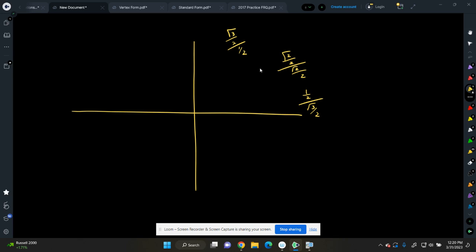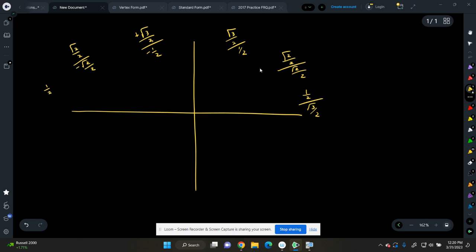Over here, the x is negative and the y is positive, so we'd get negative root 3 over 2. Did I do that right? Yes. I'm sorry, positive root 3 over 2 over negative 1/2. Right, so the whole thing's going to be negative. Here we're going to get root 2 over 2 over negative root 2 over 2. And here we're going to get 1/2 over negative root 3 over 2. So basically the same values, but negative.